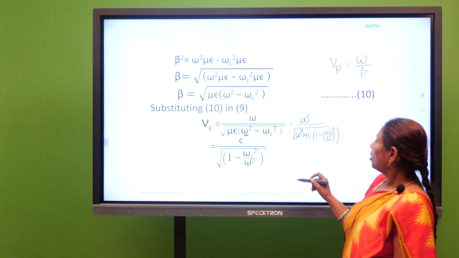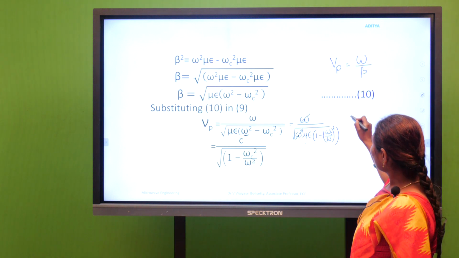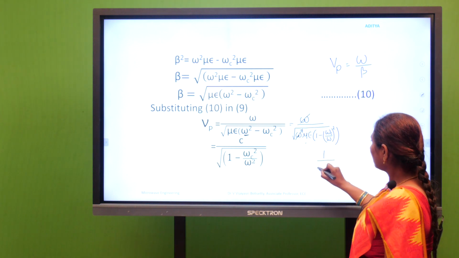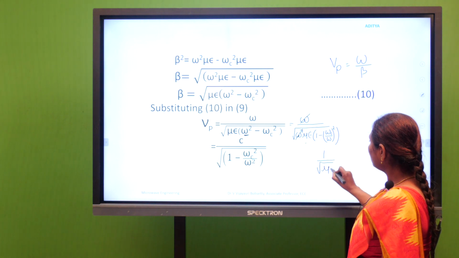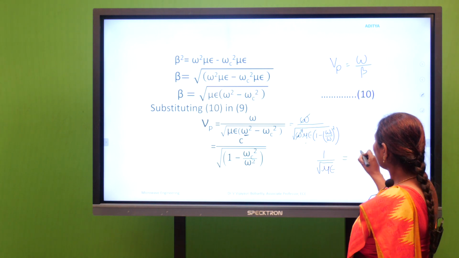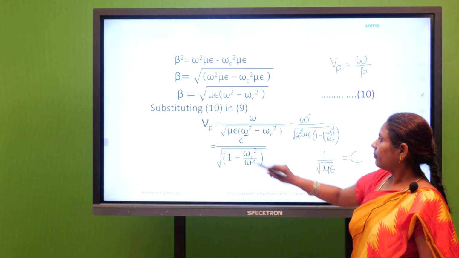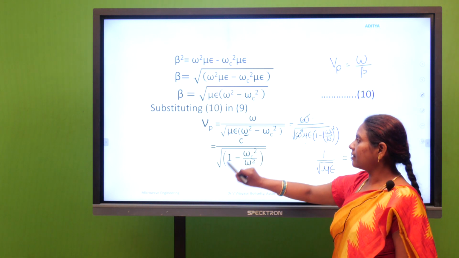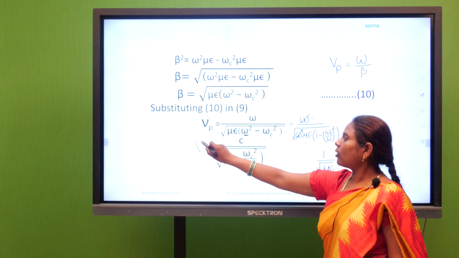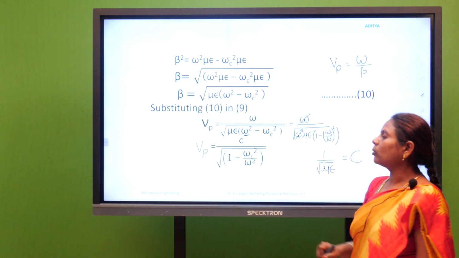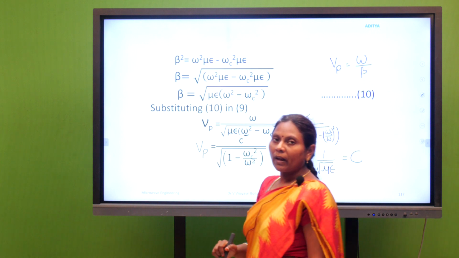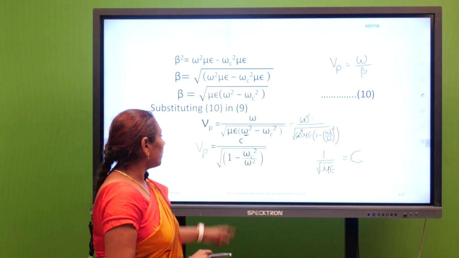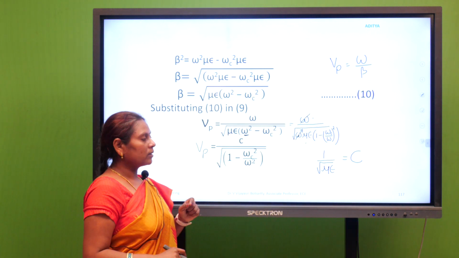And this 1 by root mu epsilon is nothing but the velocity of light c. So the phase velocity Vp is equal to c by root 1 minus omega c square by omega square.